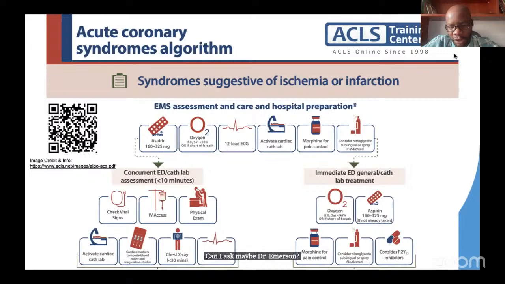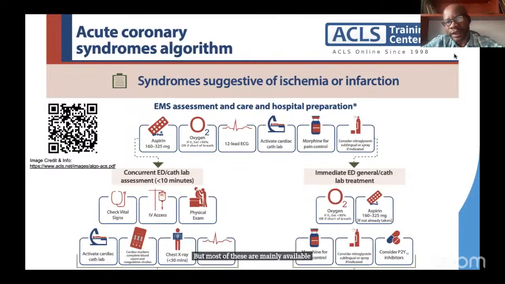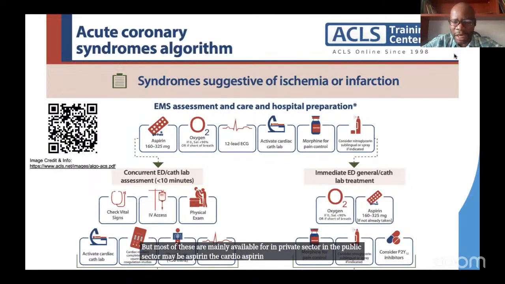Currently in Zimbabwe, I think we have both aspirin and clopidogrel. I'm not sure which other ones are available, but most of these are mainly available in the private sector. In the public sector, maybe aspirin, the cardioaspirin, but I'm not sure we can get clopidogrel at the moment.